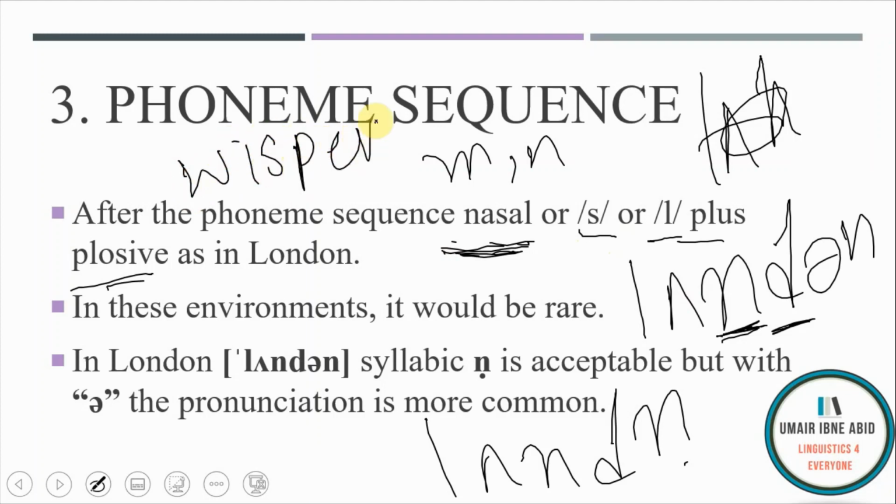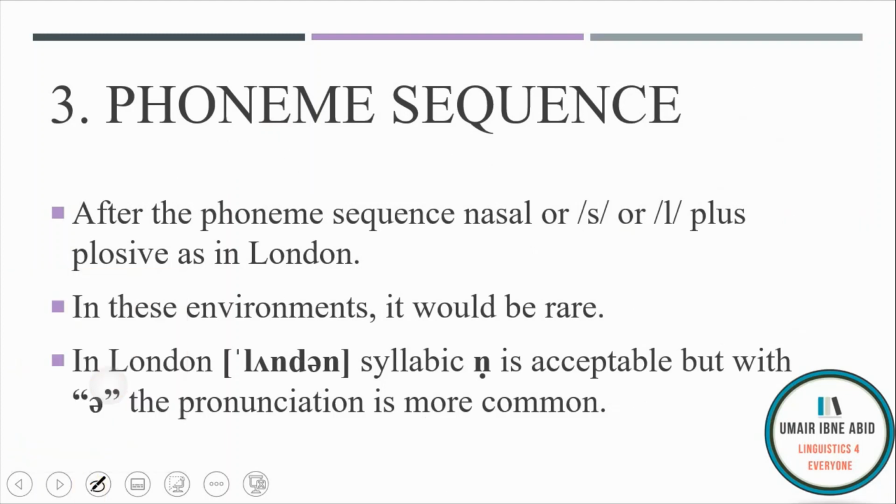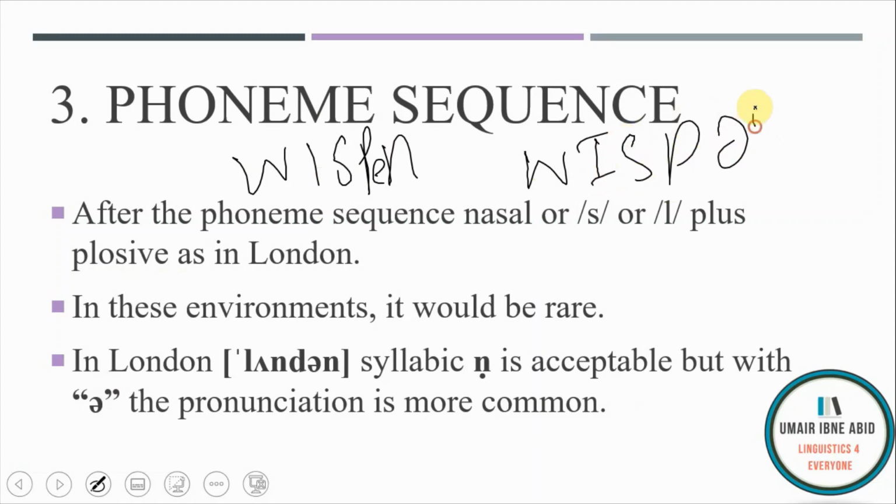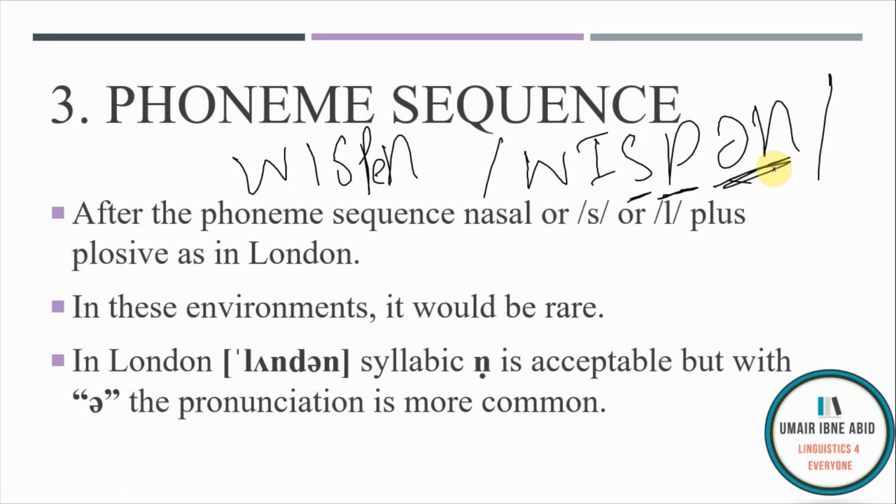If I transcribe this word, I would transcribe it like this: wispen. Here the condition is also met: we have an s, and after s we have a plosive. So in such a case n would not be syllabic, but non-syllabic.